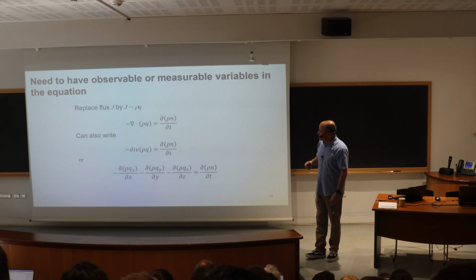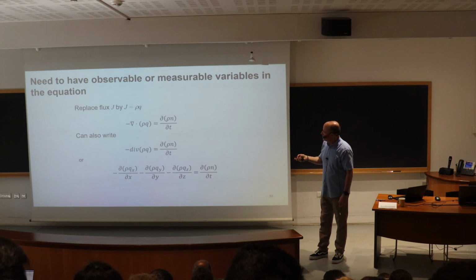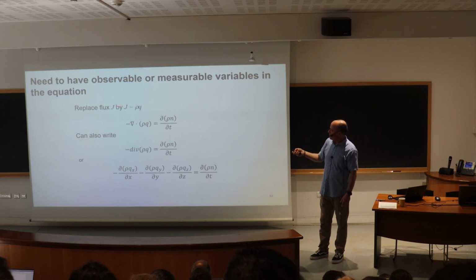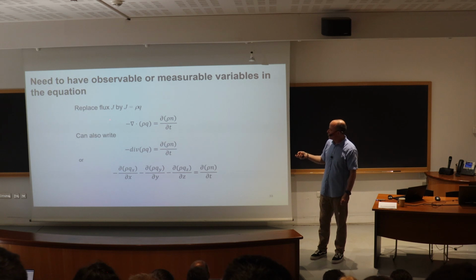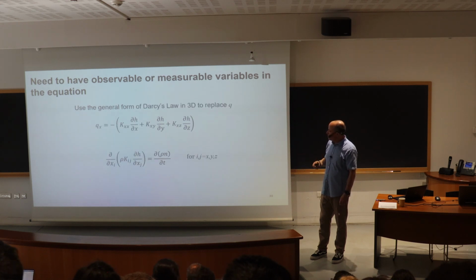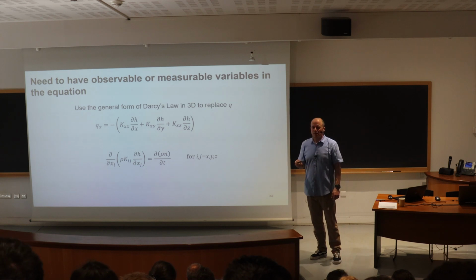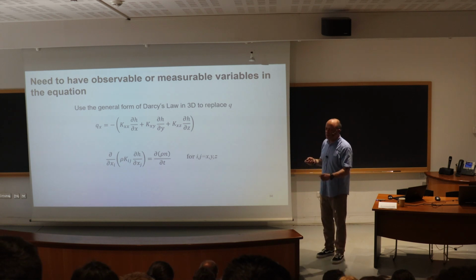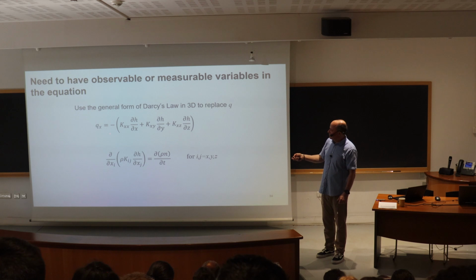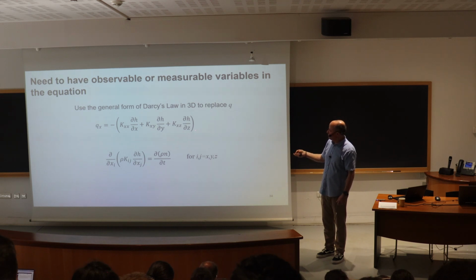So we start to simplify, replace the mass flux J by rho q, density times the specific discharge. So we can again write the equation in a simplified way using different notations here. And we further simplify by using Darcy's law. So we replace here the specific flux by the Darcy's law expression.